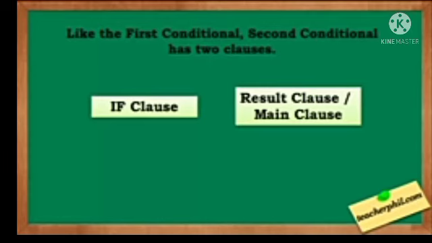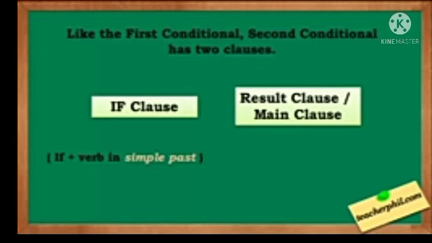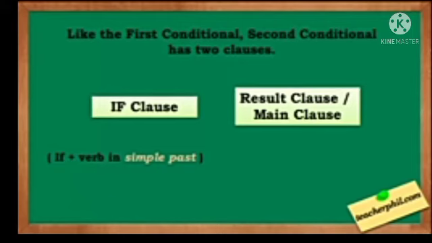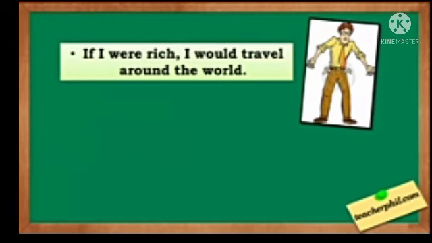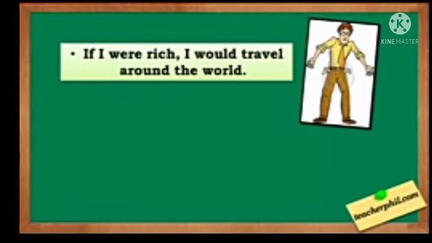If we see the examples, in the if clause it is if plus verb in simple past. And in the main clause, it is would plus verb in base form. See the example: if I were rich, I would travel around the world.